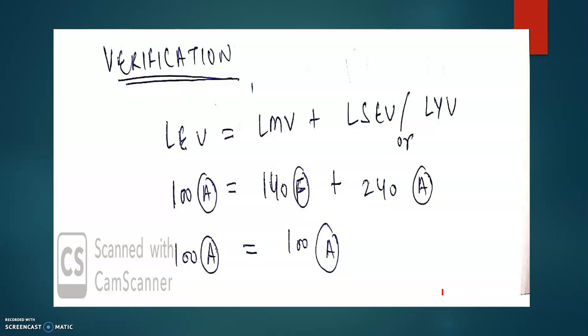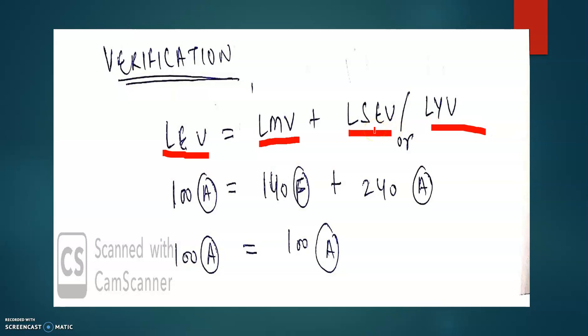So as you see, LEV, the labor efficiency variance, is equivalent to LMV, labor mix variance, plus either LSEV or LYV. LSEV is labor sub-efficiency variance and LYV is labor yield variance.